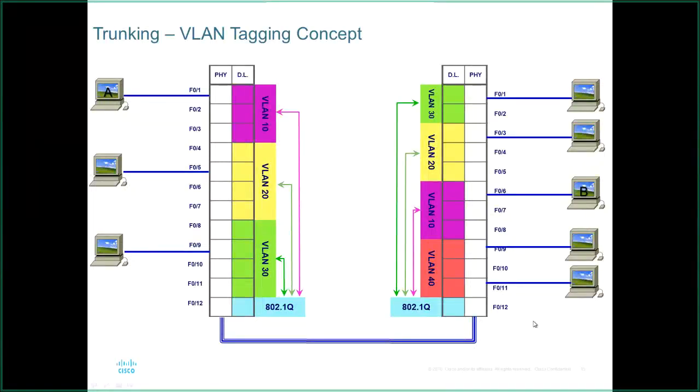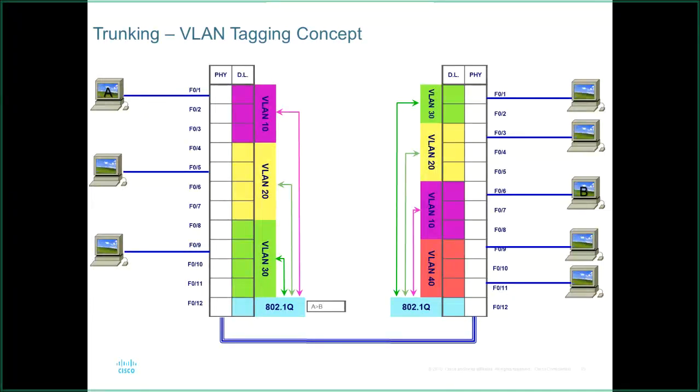So let's get on with it. So A to B frame comes in. It's coming on a port F01, which is a member of VLAN 10. To get to B, it needs to go across the trunk.